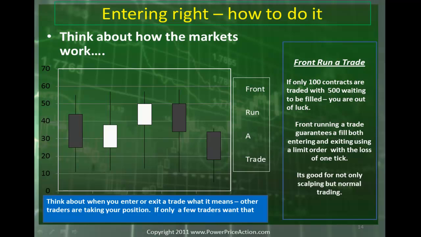Alright? Remember, price has to go beyond that actual price to guarantee a fill. If it touches it and there's, let's say, 500 people waiting to get filled at 60, and only 10 get filled, that price traded at that price, but yet you are out of luck. Okay? It's good for scalping, but also for normal trading. All right?